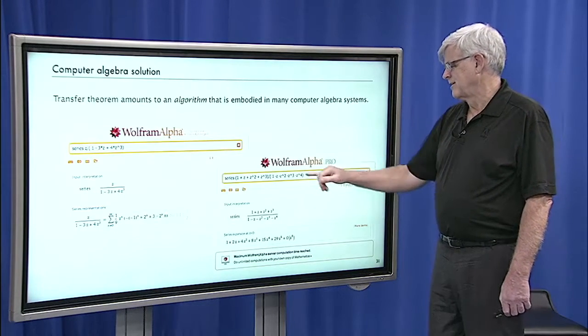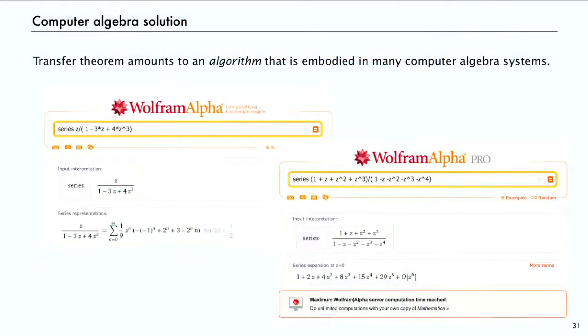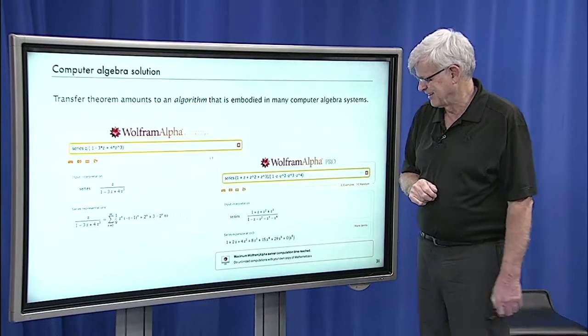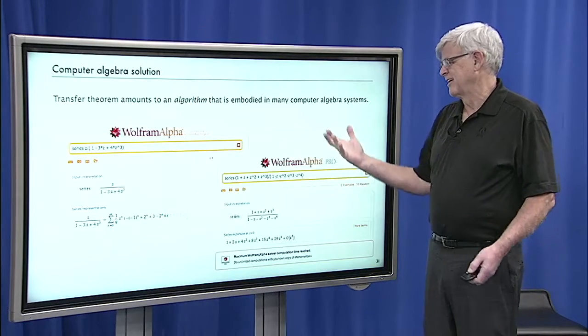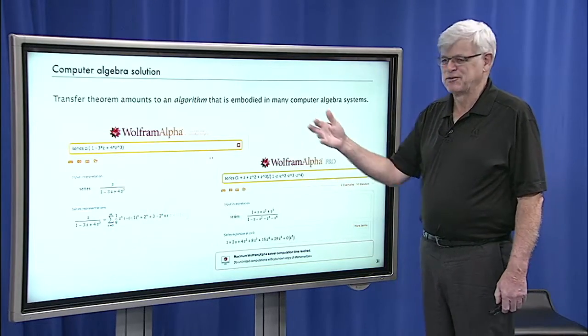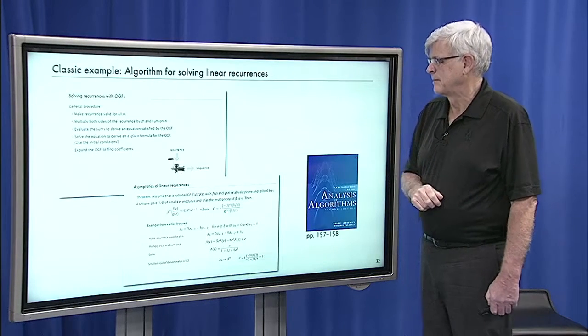And I tried finding that series in Wolfram Alpha for the set of binary strings with no occurrences of 4 zeros in a row, and it said, well, maybe you should buy a copy of our software that we charge for. And that's fine, or maybe there's another package that does this. The point is, it's an algorithm. For a particular problem, there's a way to get there. We'll talk a lot more about this in the next lecture.